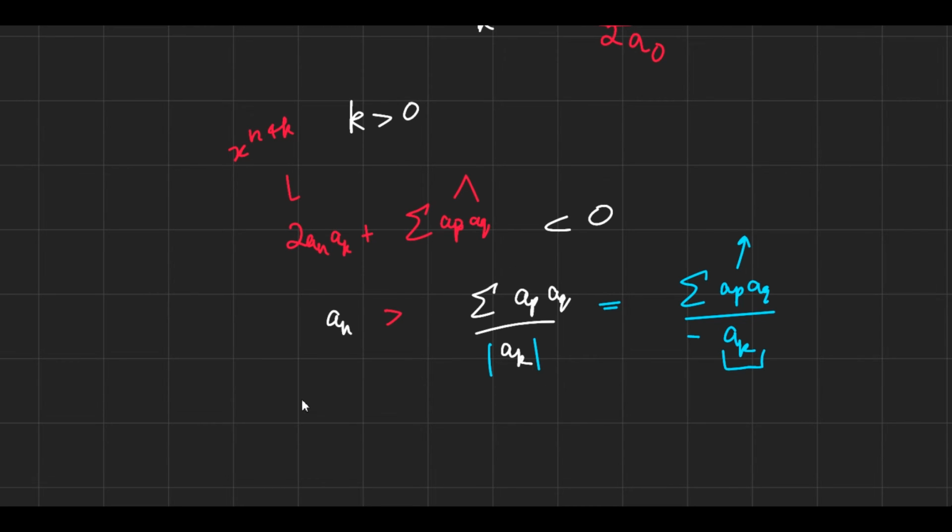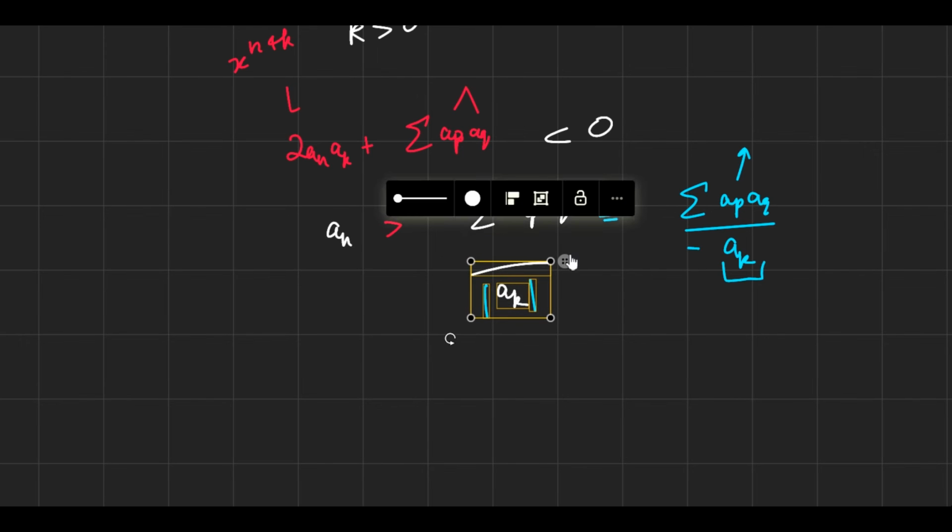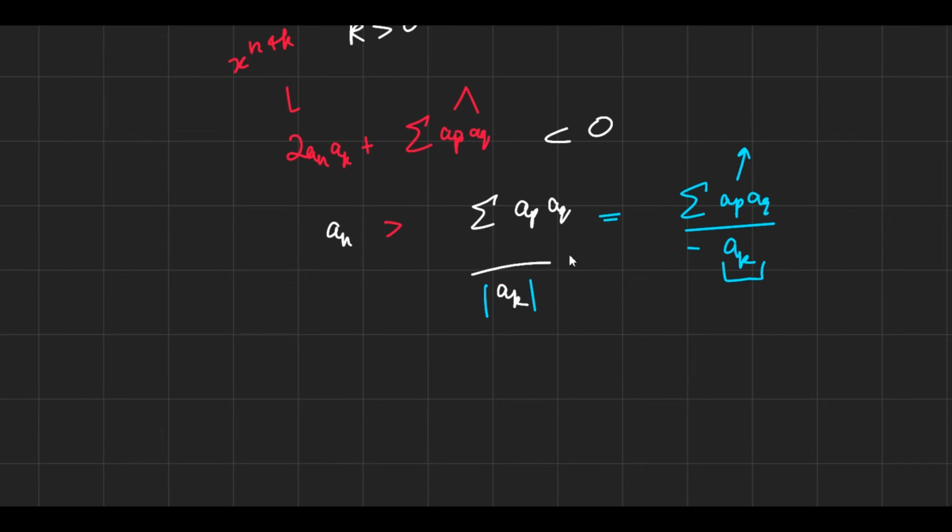But note that there are k equations to satisfy. Note that for x to the n plus k, the equations to satisfy would be all p plus q such that it equals n plus k, and the p and the q are both less than or equal to n minus 1, because the n term is with us here.